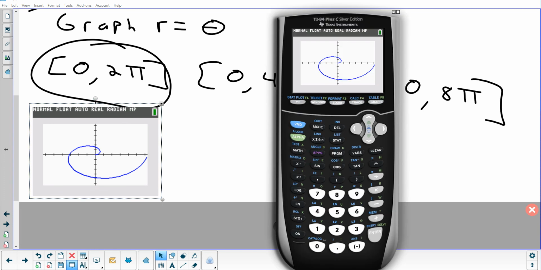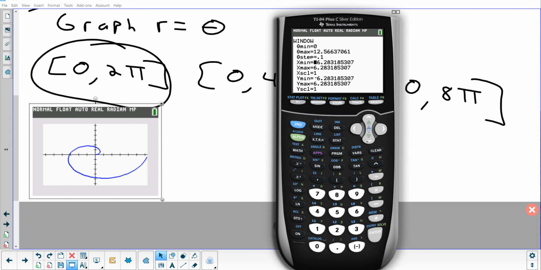So if we go 0 to 4 pi, and I hit graph, is that a good window for 2 revolutions of the spiral? No. I should have set my window bigger because now the spiral is getting bigger. It's going to be the biggest when you hit the positive x-axis.